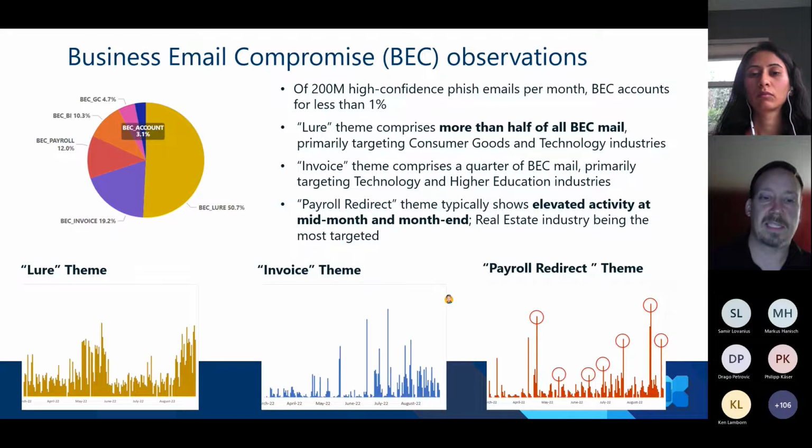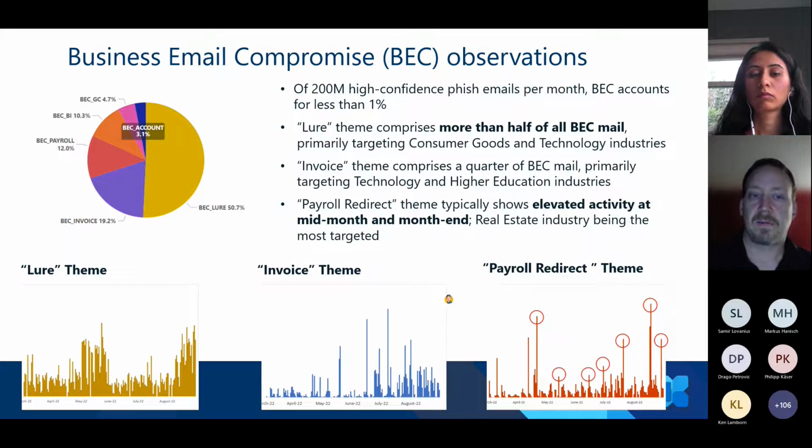So while there's certainly a lot of mail happening in this space as a whole, it is not a large portion of the overall attack space when it comes to phishing or some of the high-end email related crimes. But as Urja mentioned, it is disproportionately impactful within the financial realm and the monetary impact that this type of attack causes to folks.